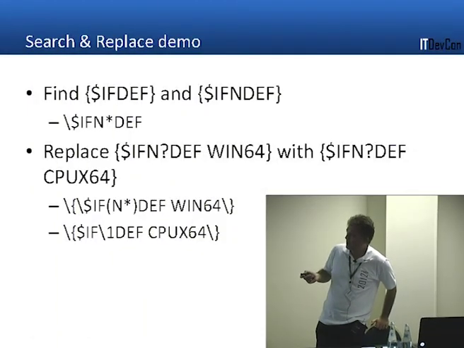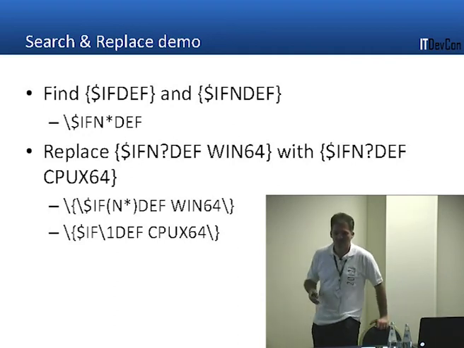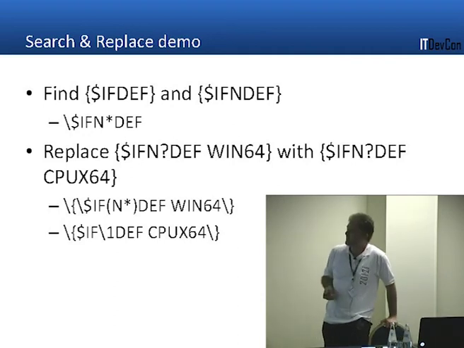I will not show the demo because we don't have time. For example, if you want to find all ifdefs and ifndefs in the code, you can say, OK, $, which must be escaped, if n 0 or more times. It will also find ifndef, but probably you don't have those.